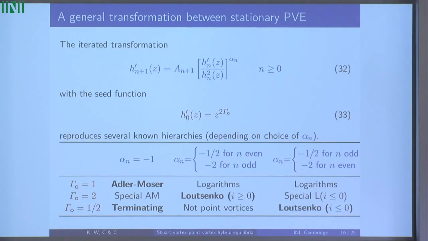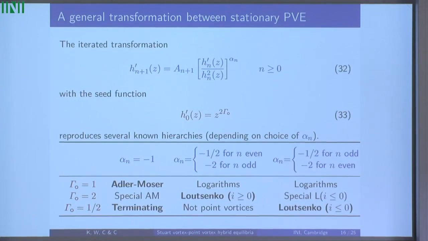What we find is that you can take this simple seed function: h naught prime is basically just a point vortex at the origin with strength gamma naught. And this single seed function with this same transformation can reproduce all of these hierarchies. So you take gamma naught is 1 and you pick alpha n to be minus 1 for all n, and you get the Adler-Moser polynomials.